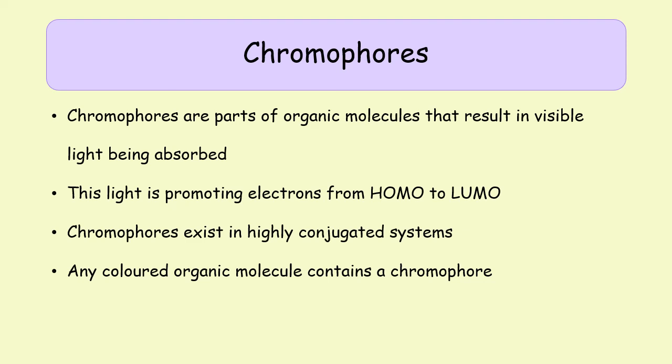But the word chromophore is one you need to be aware of, but I would never include the word chromophore as an answer to a question. Always go into more detail about what is conjugation and what effect conjugation has in terms of lowering the HOMO-LUMO gap. So that has been our video on organic compounds, conjugated systems, and why the colours of organic compounds can change.